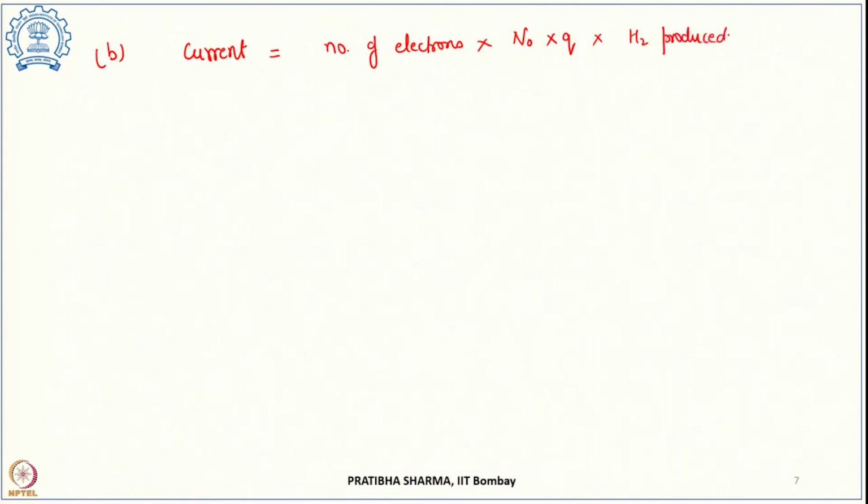And this hydrogen produced is in kilomoles per second. So we can find out from here how much hydrogen is being produced.